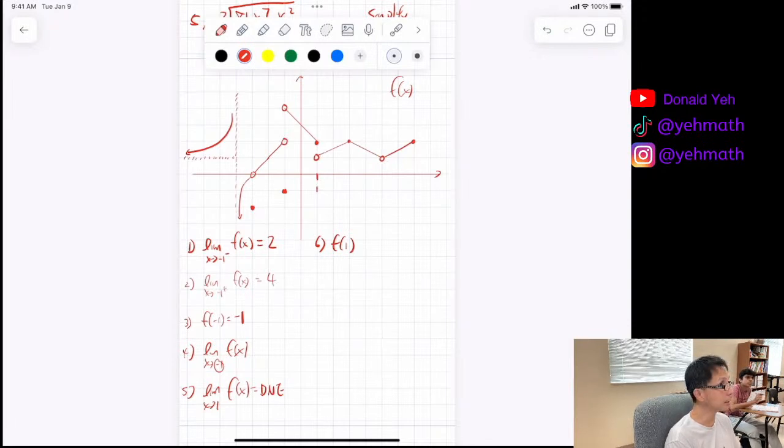F of 1 is not undefined either. Adam? It's 2. 2 is correct, because look for the black dot. When x equals 1, the black dot is located at 2 instead of 1. Do you see that, Ria?